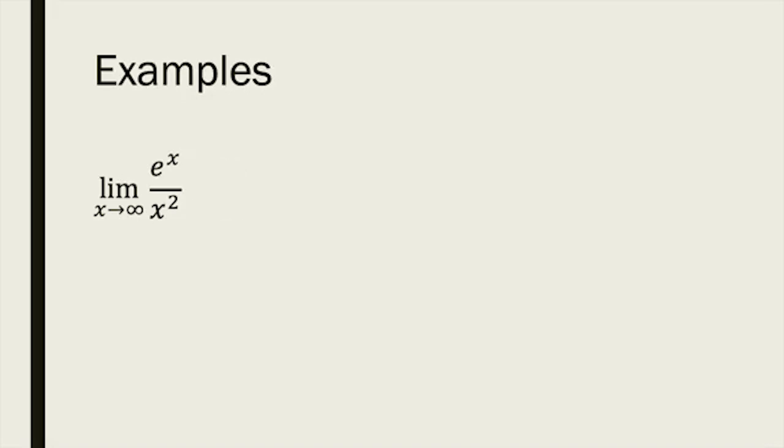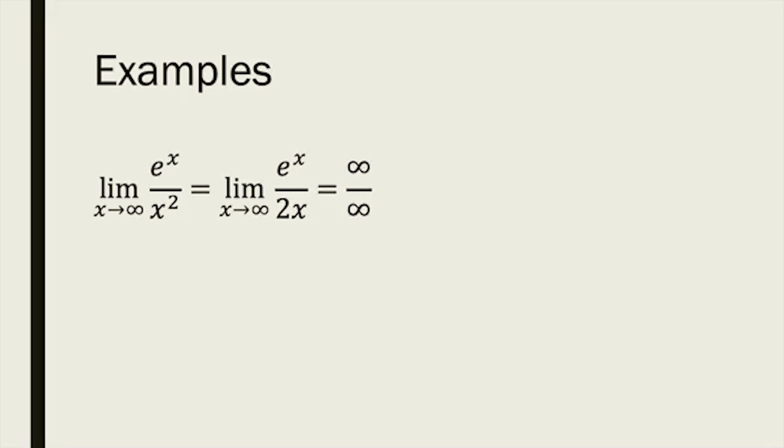When we do this, the derivative of e to the x is just e to the x, and then x squared is going to be 2x. So we end up with the limit as x approaches infinity of e to the x over 2x. Now, if we plug in infinity, e to the x is still infinity, and then 2 times infinity, we're still going to end up with infinity over infinity.